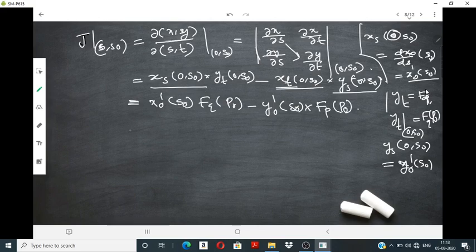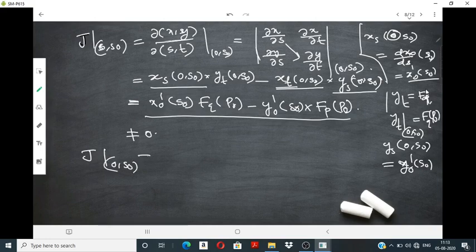From the transversality condition we know this Jacobian. This is actually the generalized transversality condition, and from the hypothesis we have taken that the Cauchy problem satisfies the transversality condition. That means this is not equal to 0. Therefore, the Jacobian at 0 is not equal to 0. That means the Jacobian does not vanish.